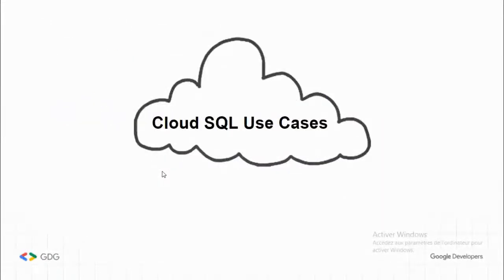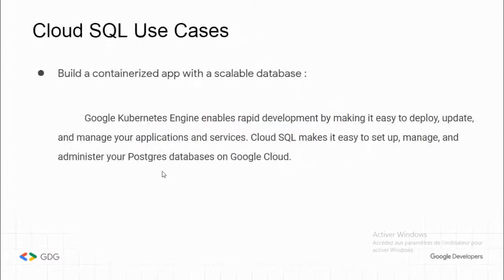Now, what are some of Cloud SQL use cases? The first one, build a containerized app with a scalable database. Here, Google Kubernetes Engine enables rapid development by making it easy to deploy, update, and manage your application and services.